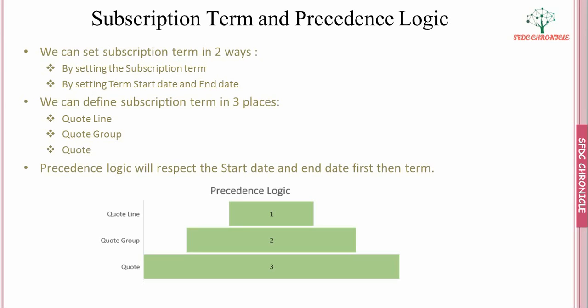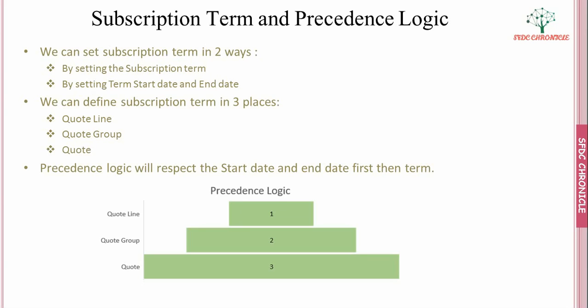When you are going to sell the subscription product, you can define your subscription term in two ways. One, you can define it in the quote. In the quote line editor, you can define it as 12, 24, 36, 48, anything like this, that you need to provide in your subscription term field. Second, you can set the term using start date and end date.